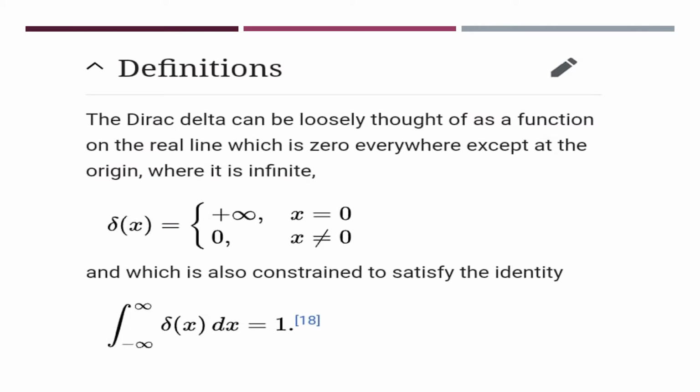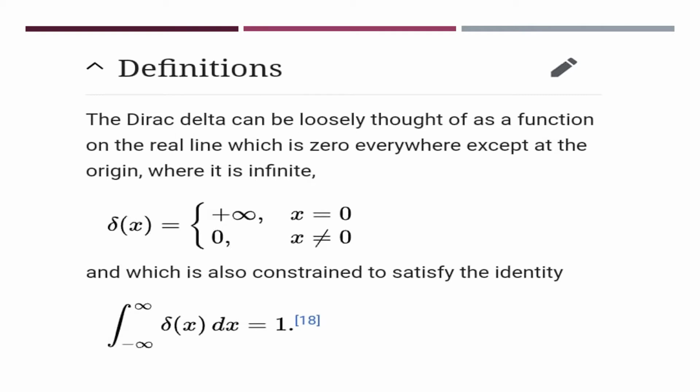First, let us know what the Dirac delta function is and how it works. Dirac delta can be thought of as a function on the real line which is zero everywhere except at the origin, where it is infinite.